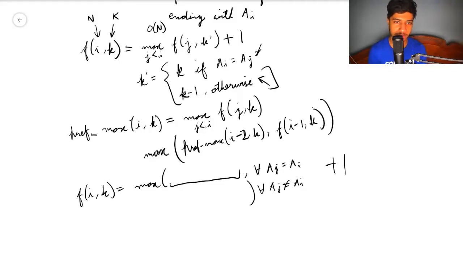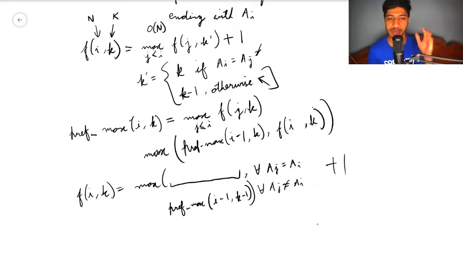Let's make it equal, because that is how the editorial also does it. So this will be given by pref max of i minus 1, k minus 1. Till i minus 1, I want the maximum k minus 1 beautiful subsequence, since aj is not equal to ai.